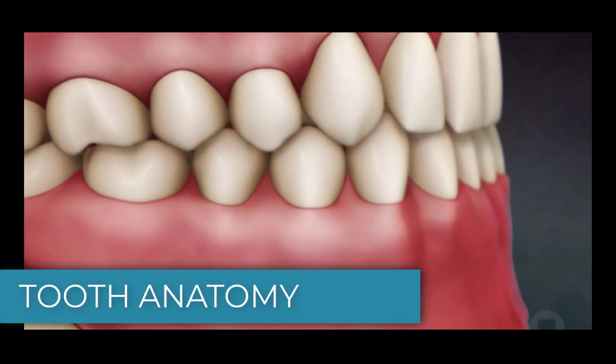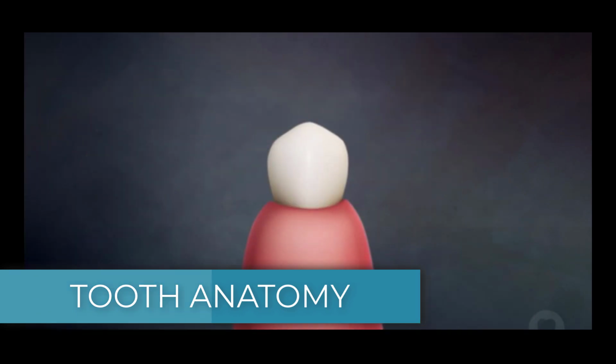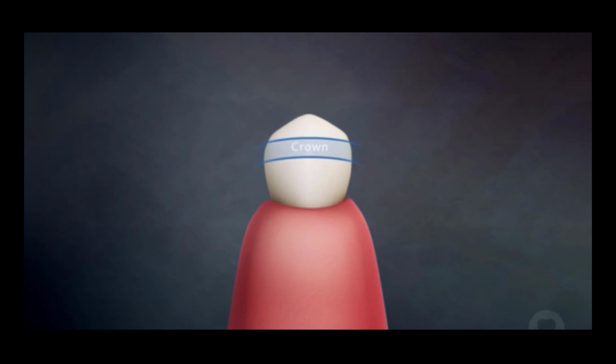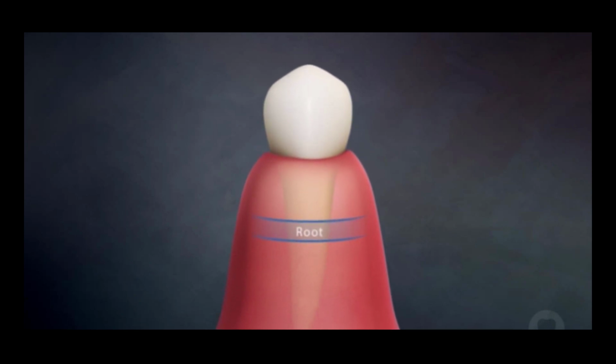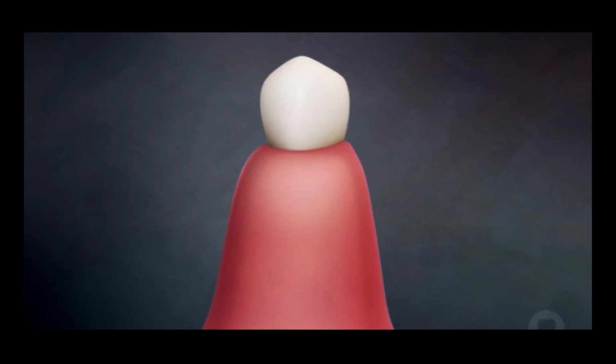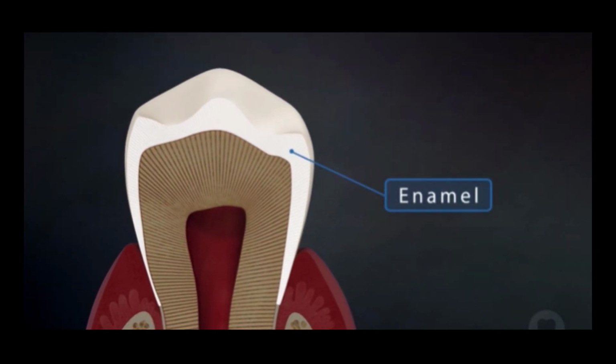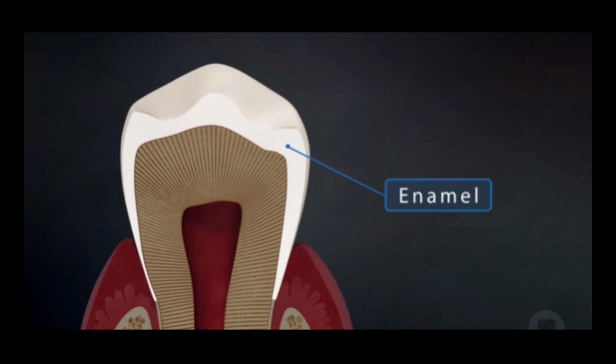An individual tooth consists of that portion that is exposed above the gum line, called the crown. The part of the tooth that is buried in the gum and jaw is called the root. The crown is covered by an outer layer of an especially hard substance related to bone called enamel.